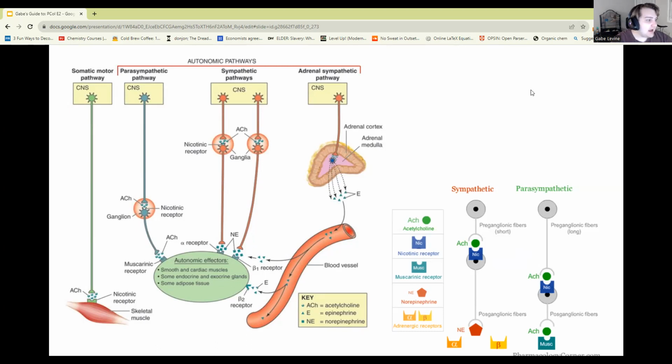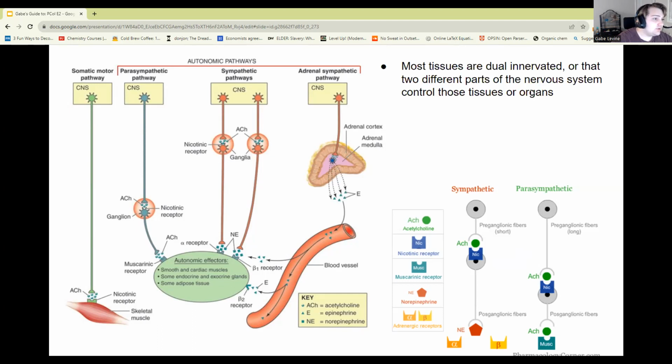And specifically, how do we know that the body is interacting with these different things? So in general, most tissues are going to have both muscarinic and adrenergic involvement.